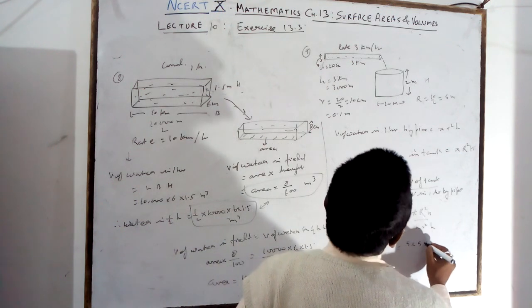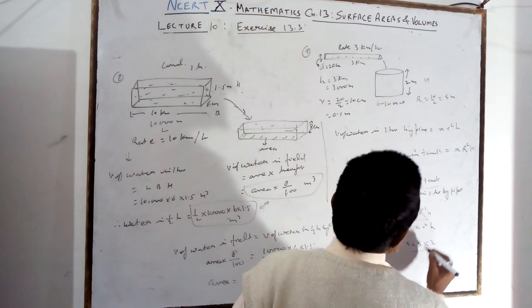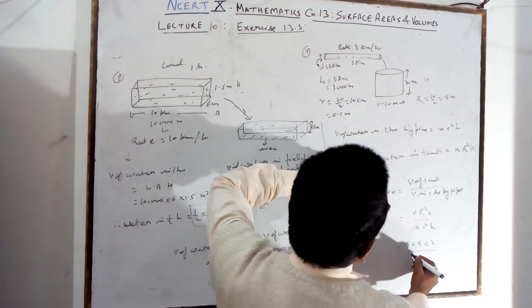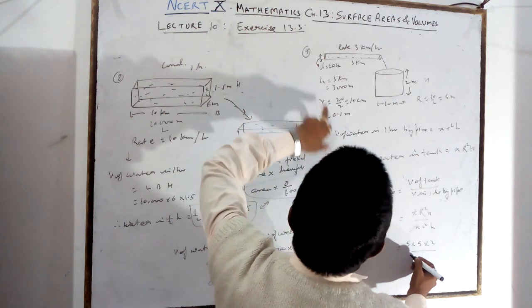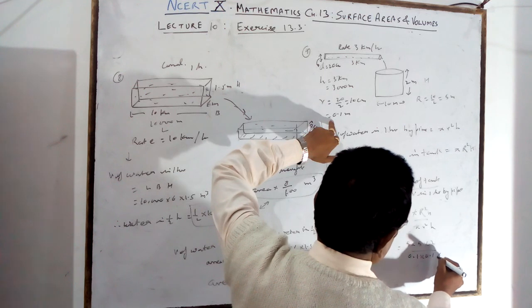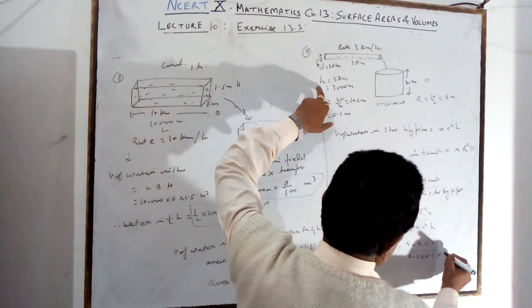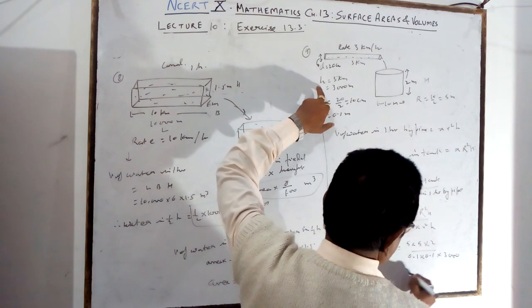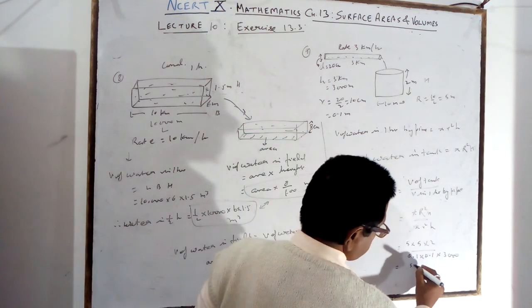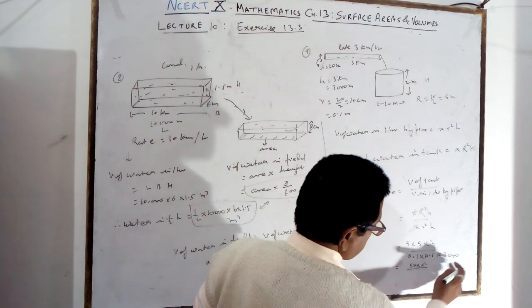Five into 5 into 2 divided by small r square, small r is 0.1 into 0.1 into height 3000.